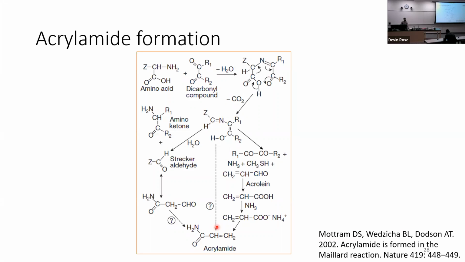And there are lots of steps that have been taken to mitigate this. So trying to remove the free asparagine, for instance, by soaking the material before it's fried, or by adding, say, asparaginase, an enzyme to get rid of it. You can also try and get rid of the sugars different ways. So there are steps that have been taken to try and minimize that.